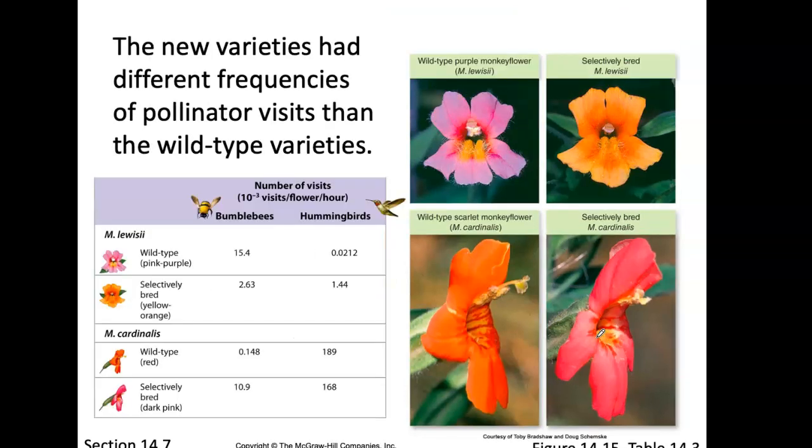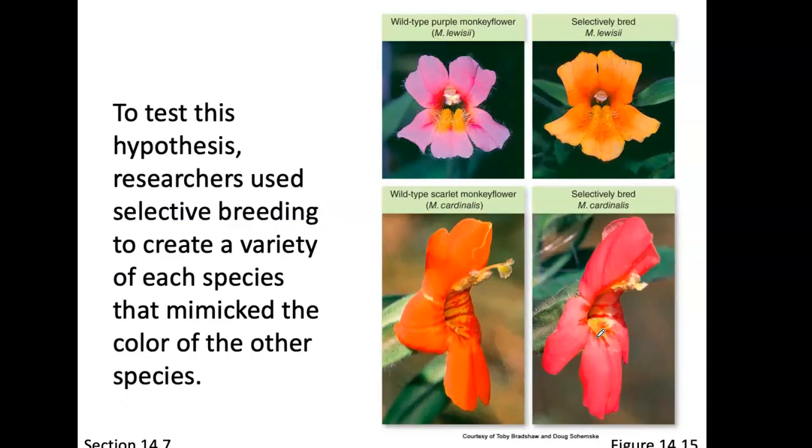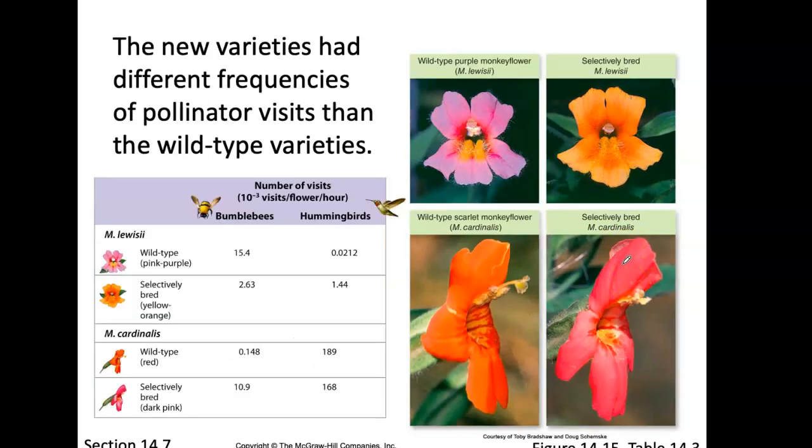So what happens? Well, if we had bees visiting the Lewisy way more, and the Cardinals being visited only by hummers, what happened after they start to look kind of alike? The new varieties had different frequencies of pollinator visits.